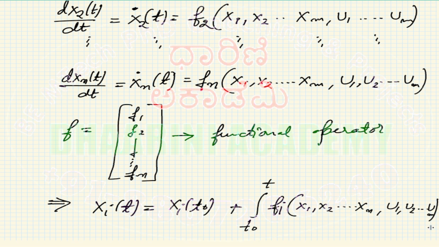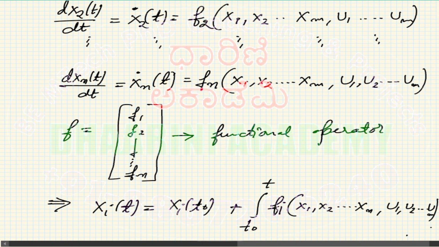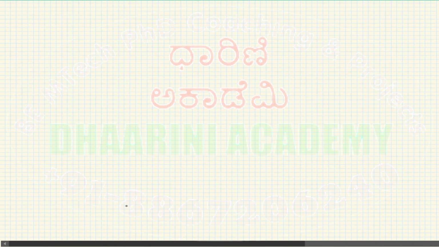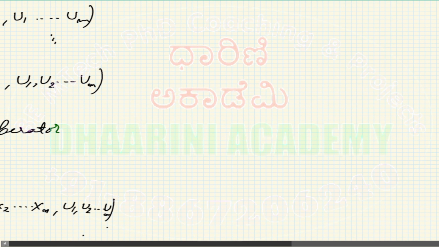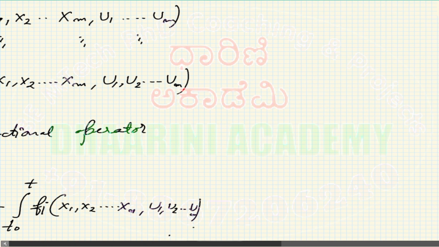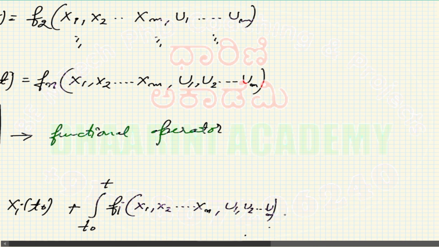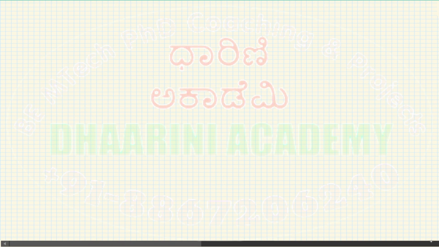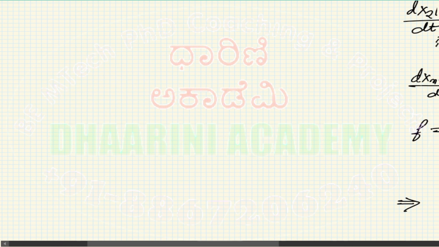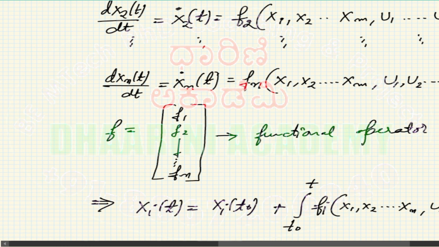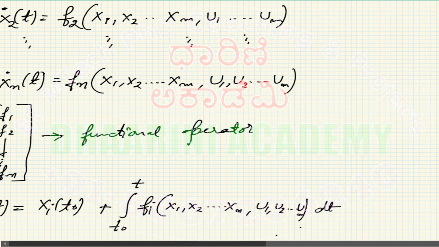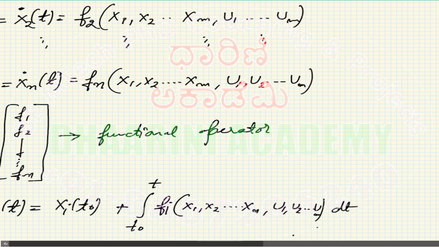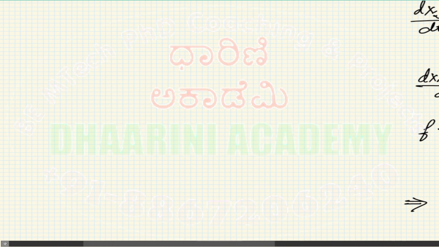Since you are integrating with respect to time, I have to write a dt at the end. So using that we can represent the system, and the current value of the system can be defined in this way.